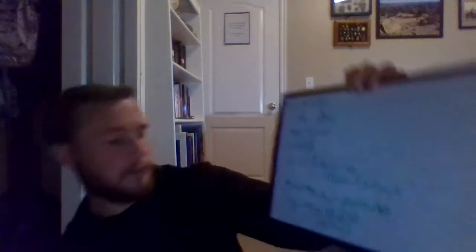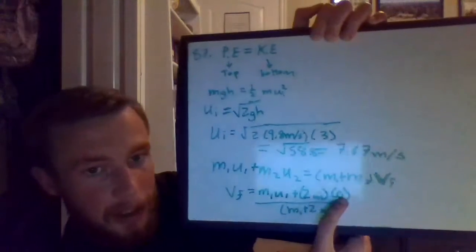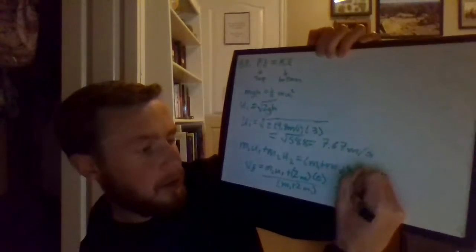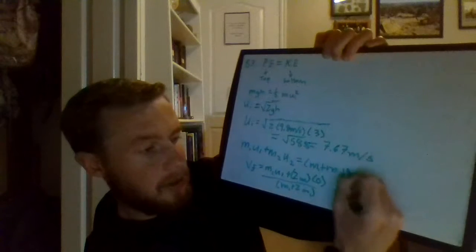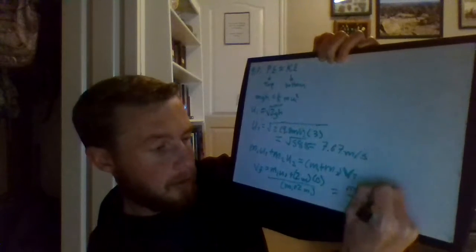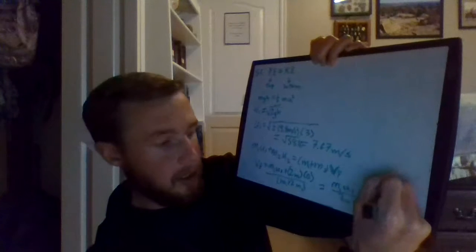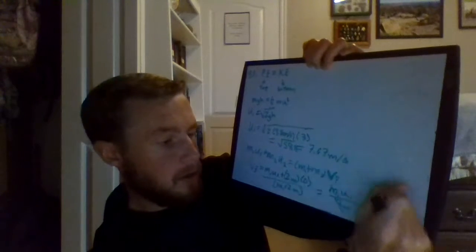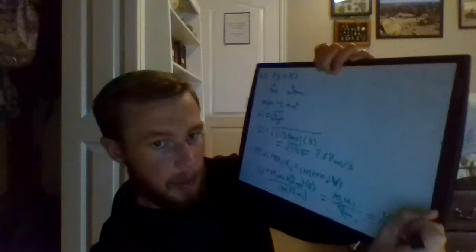That's going to be M1 plus 2M. Notice how I plugged in 0 for the velocity of the second package, because it's not moving. So if we simplify this down, it's going to be M1 over 3M.